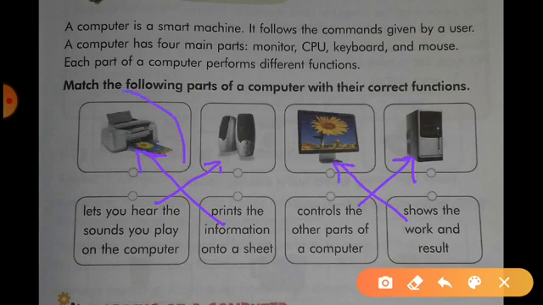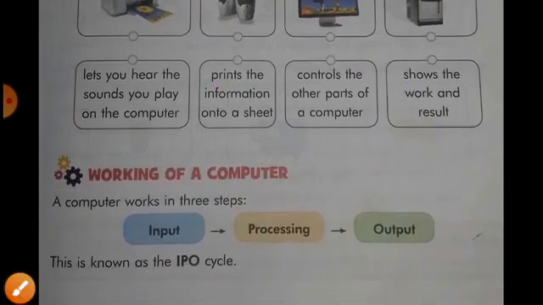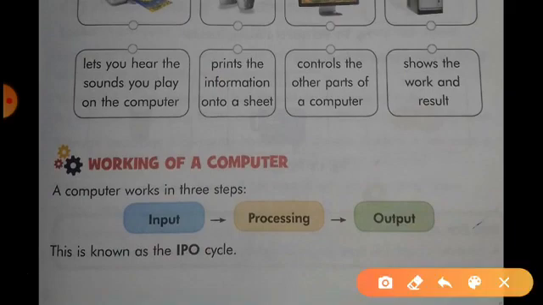Dear students, this device is known as printer. This is a speaker and this is a monitor and this is a CPU. Dear students, a computer works in 3 steps.